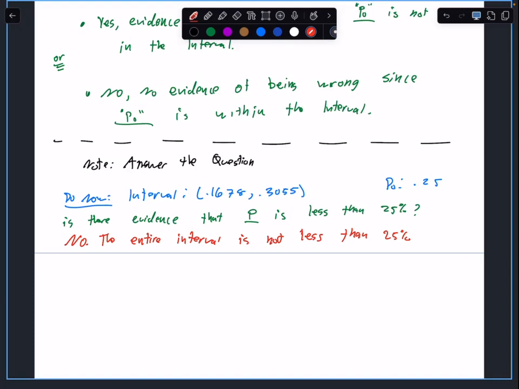Now, is less than 25% possible? Yes, my confidence interval says yes. It is possible my interval contains values below, but my interval also contains values above. So can I disprove 25% being the true answer? And the answer is no. I can't say, you liar, it's not 25% or more, because 25% seems to be the truth. That's what I have for you.